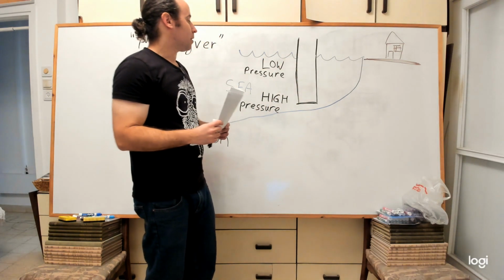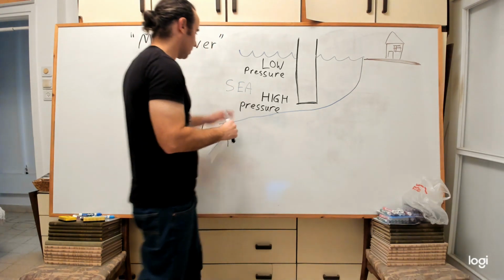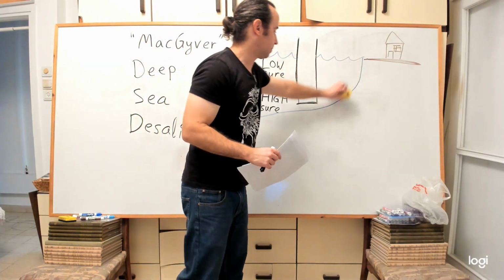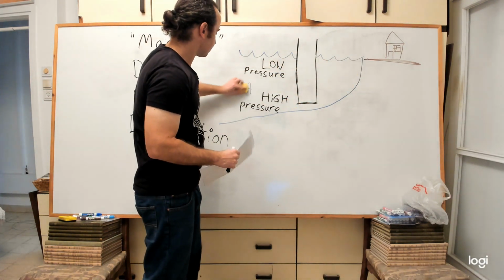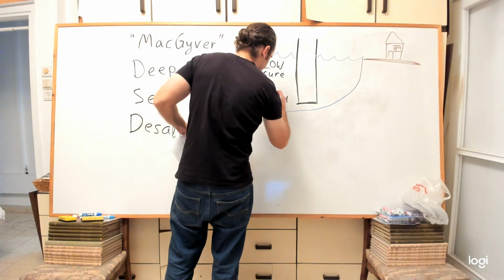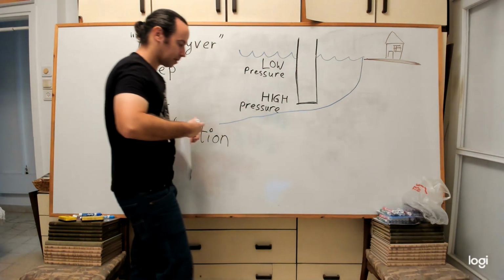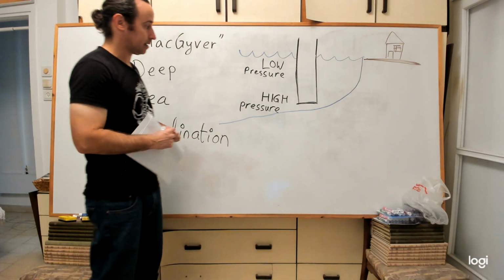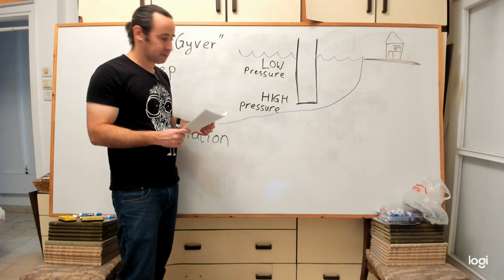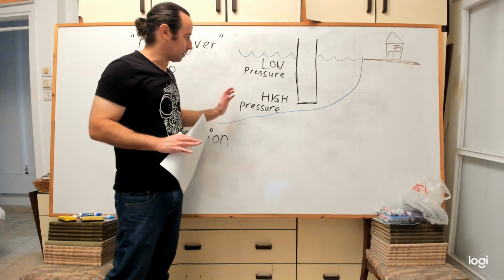Okay, so in a naive way, I'm erasing this, you understand all this is the sea. If we want to make the desalination, remember pushing the water through the sieve, through the membrane.